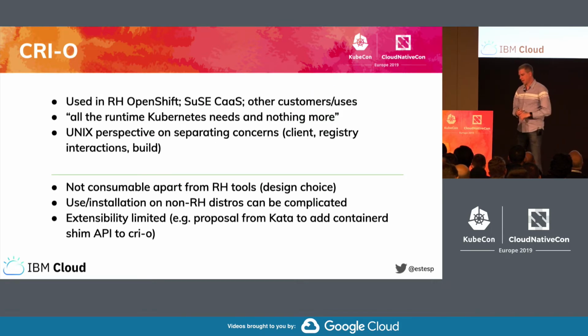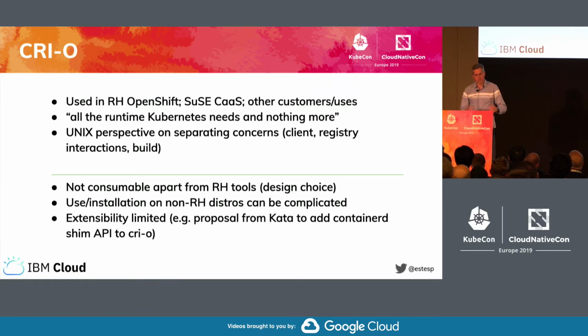There are some issues open, and that's being solved. And again, a design choice is that, unlike containerd, which has the API and the extensibility, it's really meant to be for Kubernetes. And so there is a proposal from Kata to add the Shim API to make CRI-O similar to containerd with extensibility around adding some of the sandbox implementations.